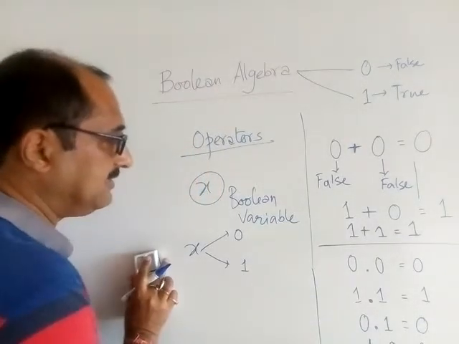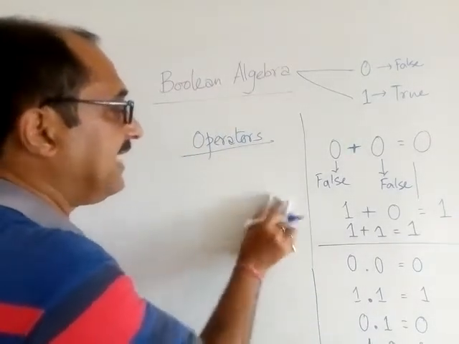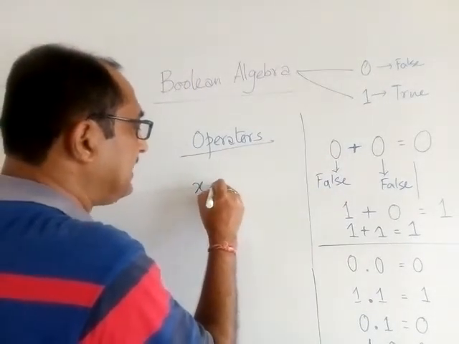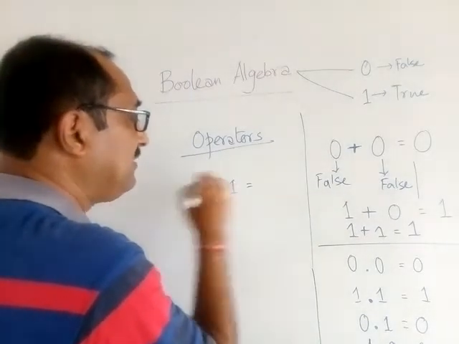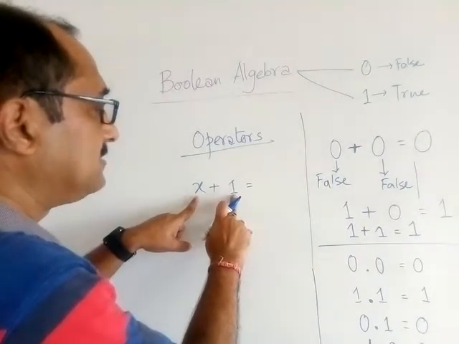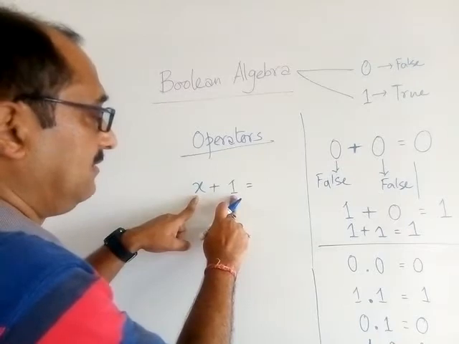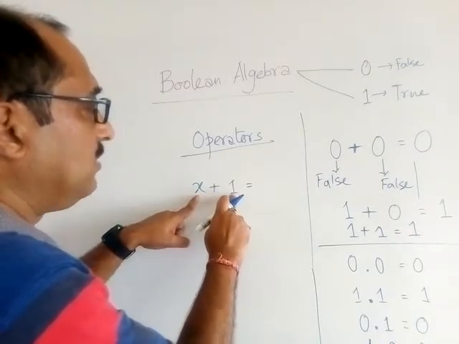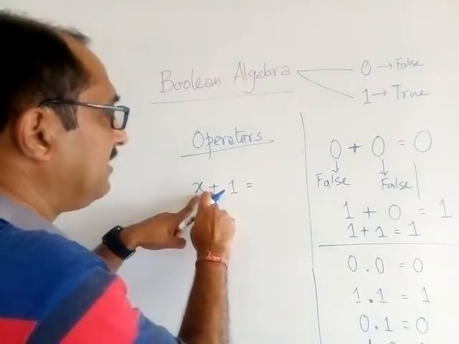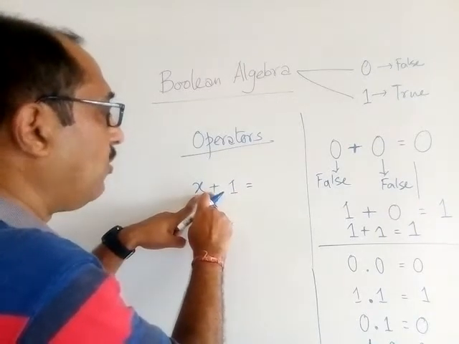So what happens, look at this, if I combine this x with the zeros and ones, x plus 1, guess what will happen? I told you the rule that out of two items, one of them has to be 1. So look at this, out of two items, one of them is already 1 to get the net value 1 when you are joining by plus. Plus means OR.